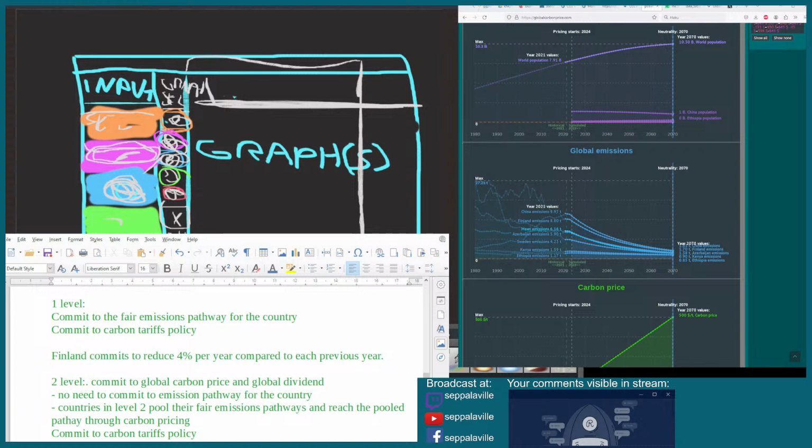And then maybe two graphs with different convergence factors, and how that would affect things, and maybe different targets.